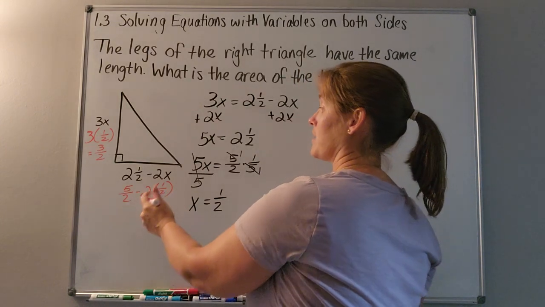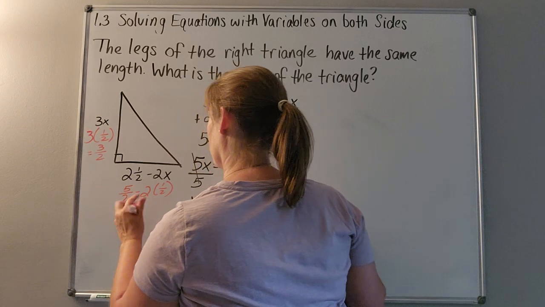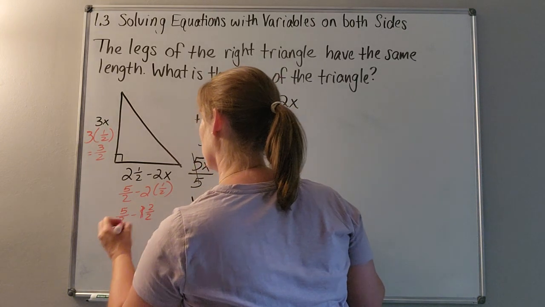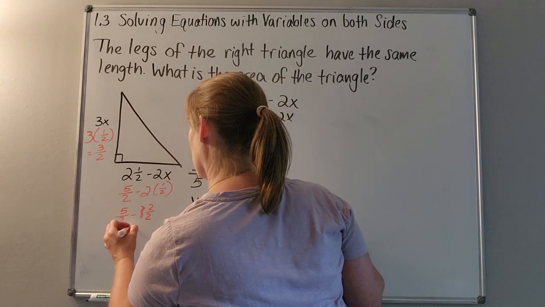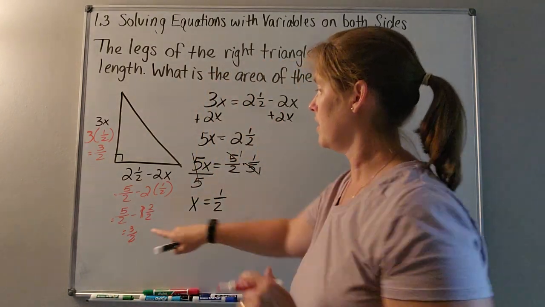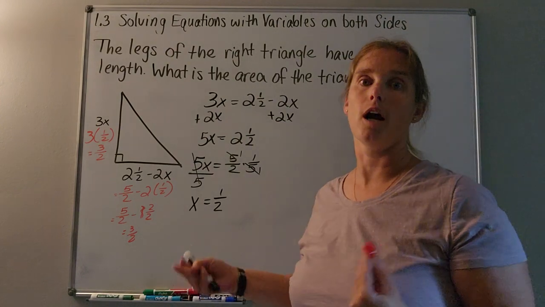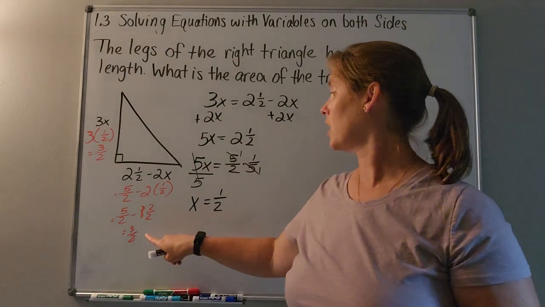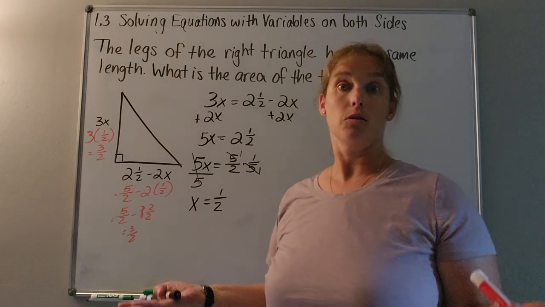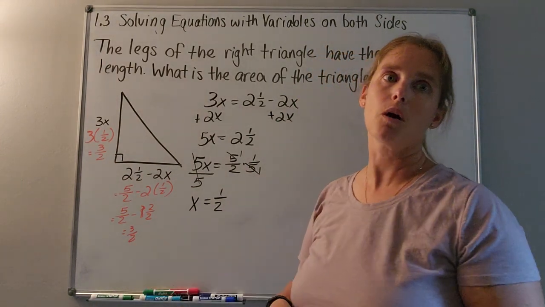Do that first. 2 times 1/2 is 1, right? 5 halves minus 1, which we could rewrite as 2/2, is 3/2. Oh, good. They match. Now, could we have just figured out one and gone on with it? Yes, but it's always good to double check that we get the same length, that we know that we solved correctly. If for some reason we didn't, then we might need to go back and check our work.